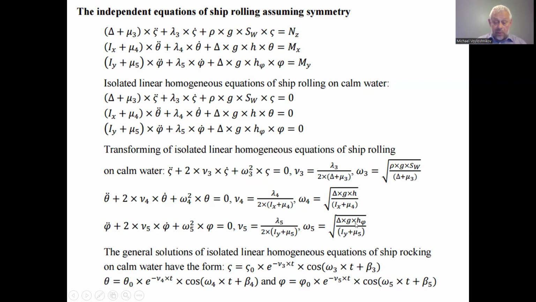The same for the ship pitching, but we have another metacentric height. This is the transverse metacentric height, the distance between the ship's point of gravity and the point of rotation of the ship when it rolls around the longitudinal axis, and this is the longitudinal metacentric height, the distance between the ship's point of gravity and the center of ship rotation when pitching.